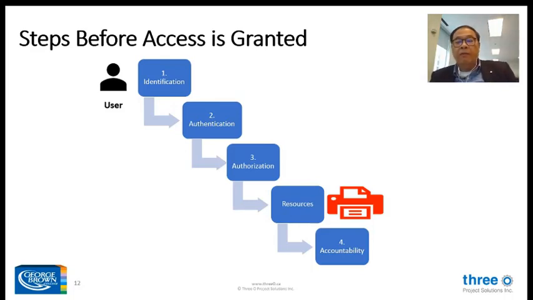It could be a database or a file, but nobody remembered to remove it. So if something bad happened, accountability is looking back, knowing who did what at what time, as evidence. It's a big part of this as well. So let's look at them individually.